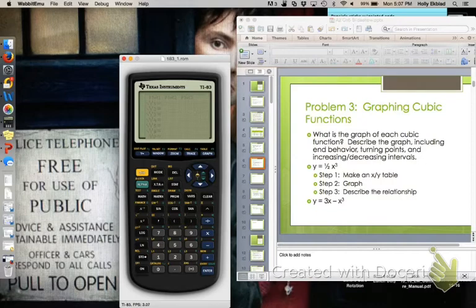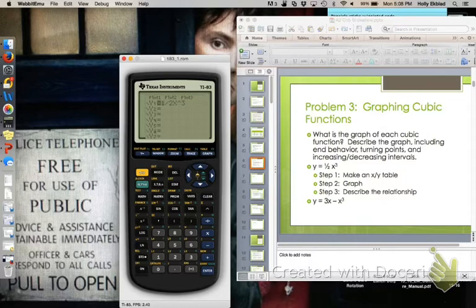Alright, in y equals, I'm going to put 1 divided by 2 x, and then raise that to the 3rd power. Alright, so here I have 1/2 x raised to the third power.